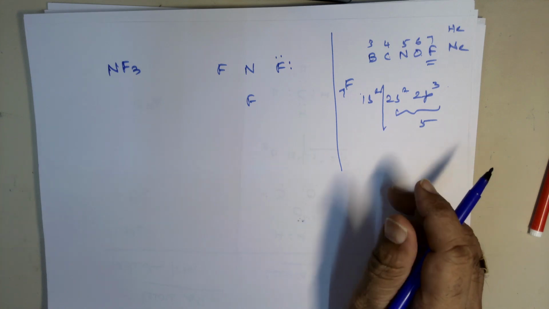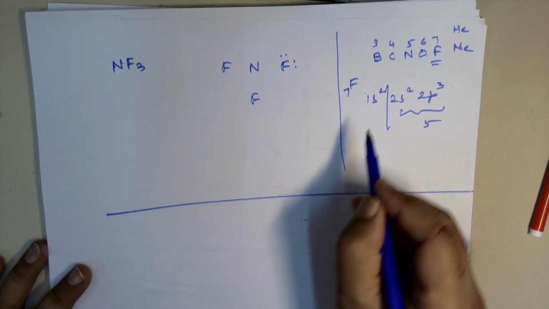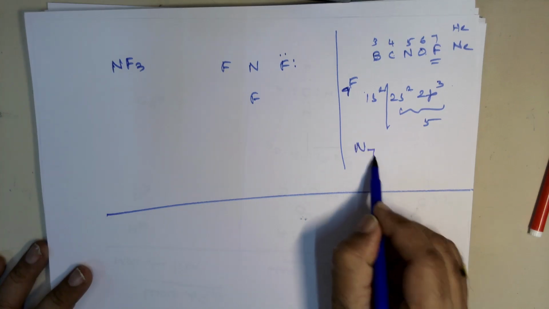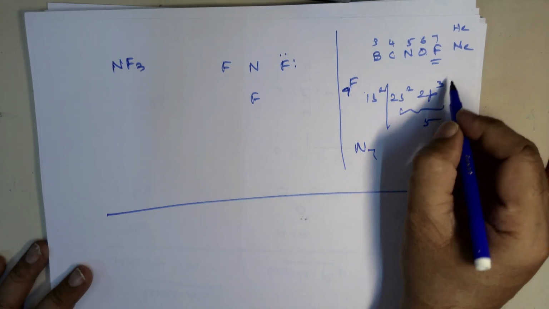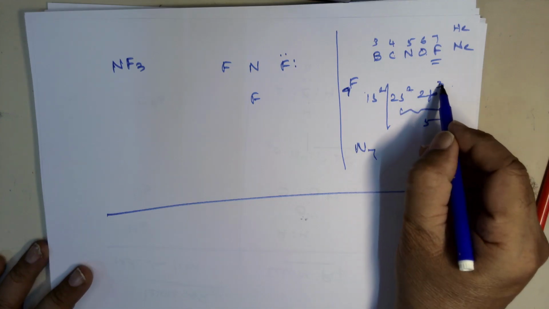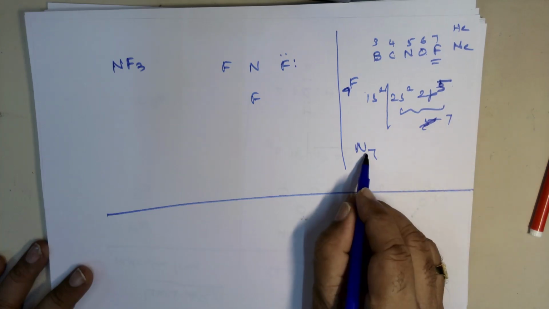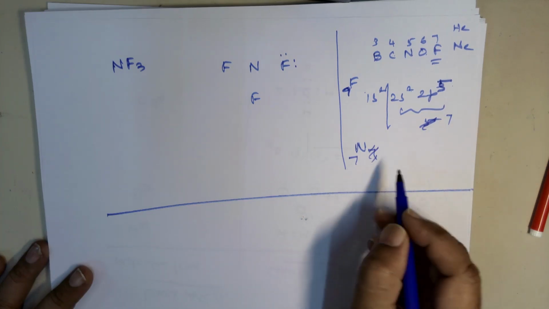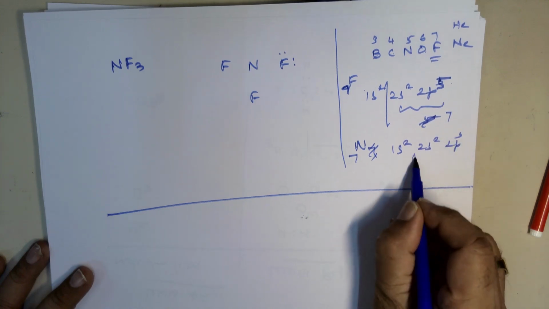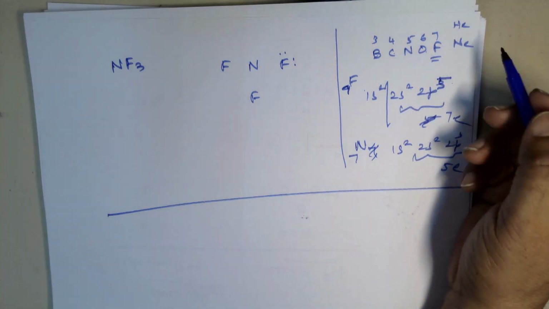Is it correct? See, fluorine is 9, not 7. Nitrogen is 7. So this is, I think, 1s2, 2s2, then 2p5. Correct, 7. And for nitrogen, 7 means how much? 1s2, 2s2, 2p3. So in this case 5 electrons, here 7 electrons. So fluorine is 9.